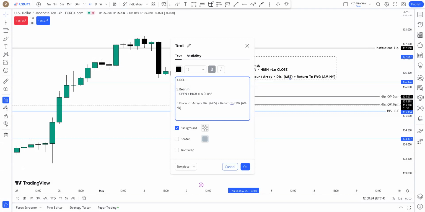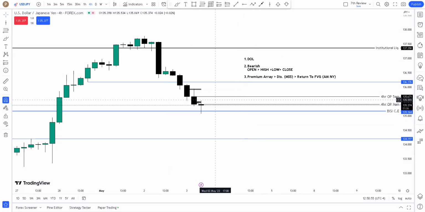So we need to see a low forming, and then we need to see an open, high, low, close scenario. So right there, and we'll get into the third requirement, which is this becomes what, a premium array, and then displacement, which is market structure shift, and then return to fair value gap only on the AM session.